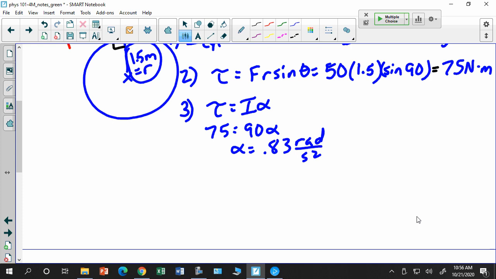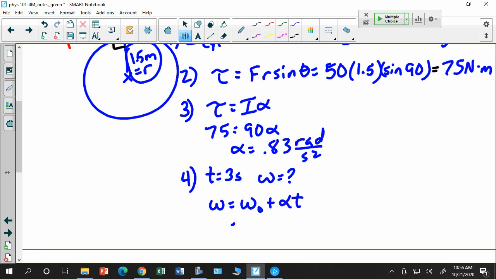And then finally, the fourth part of this question is asking, what is the angular velocity after 3 seconds? At t equals 3 seconds, what is omega? Omega is equal to omega naught plus alpha t. That is my angular velocity.